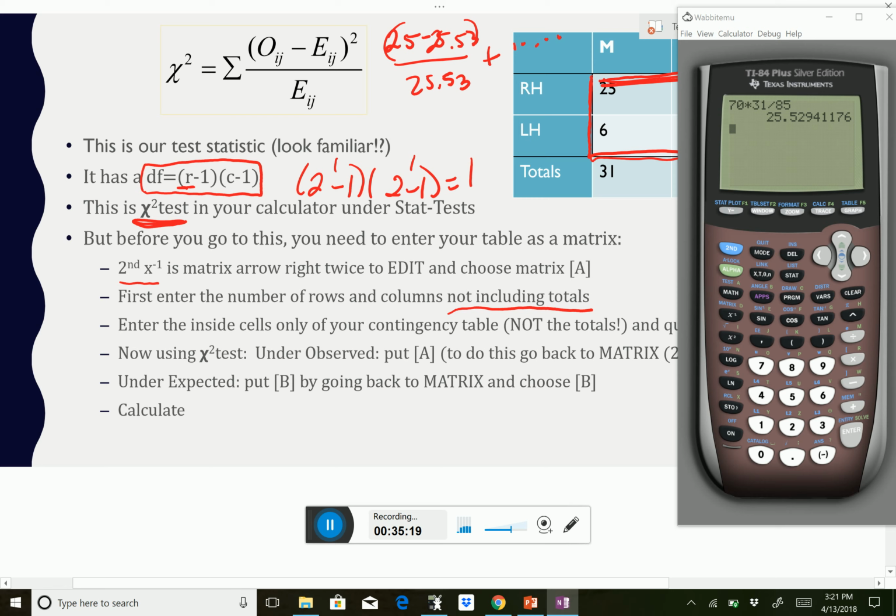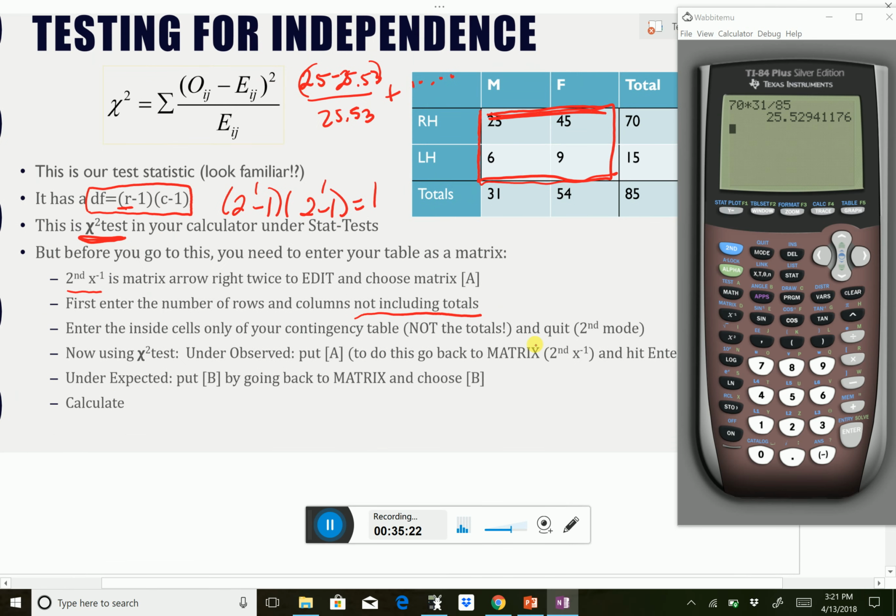You have to quit out of that. So now we're going to use the chi-squared test. We go stat, tests, and go to chi-squared test, not GOF, where it says chi-squared test. Hit enter. Now, observed: matrix A.